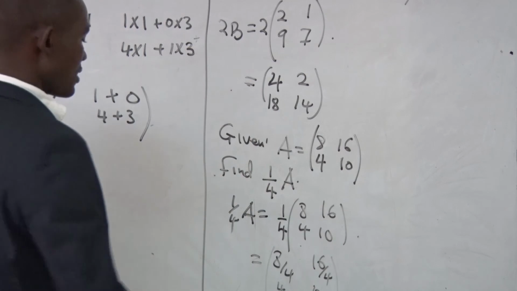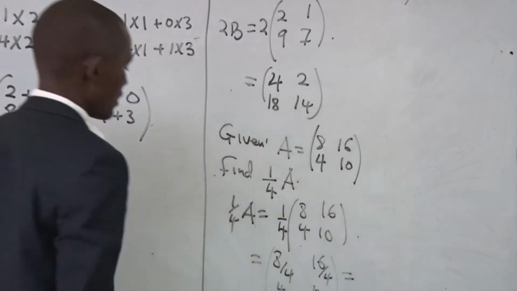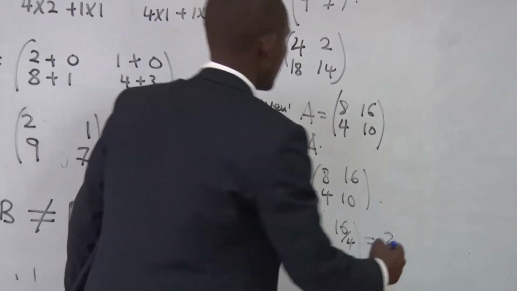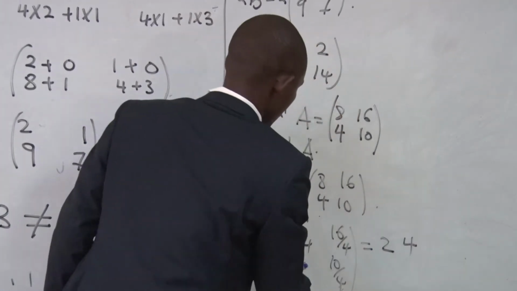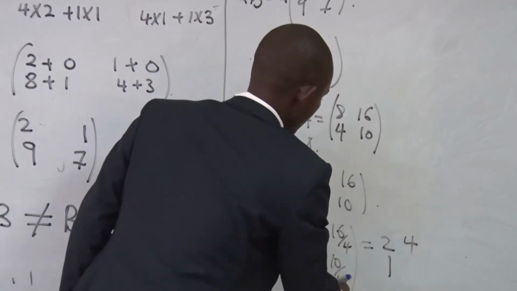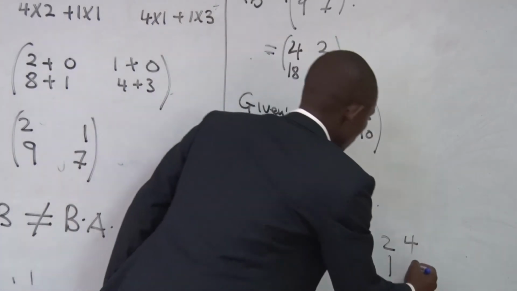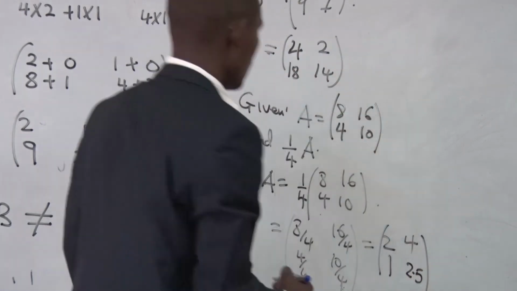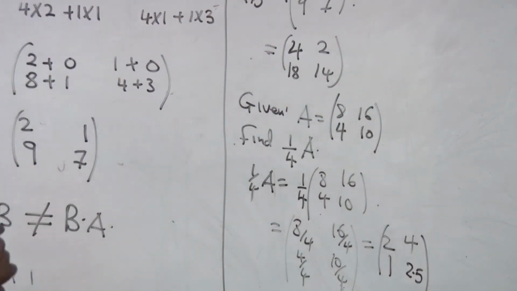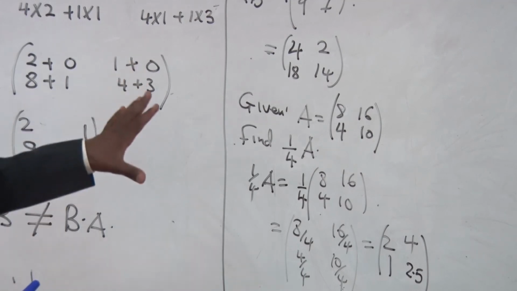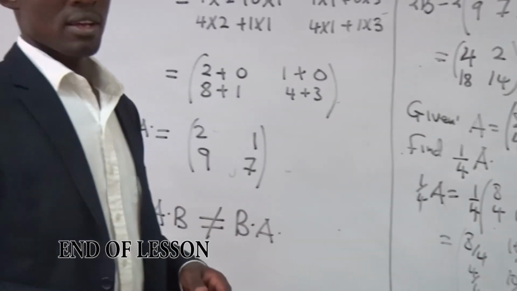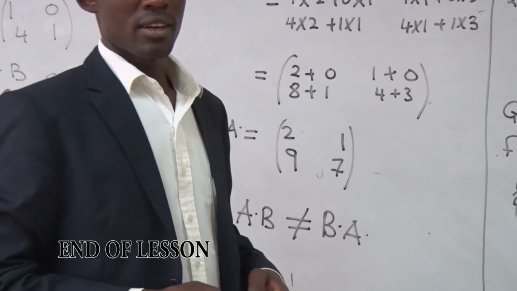Now you can simplify it: 8 over 4 is 2, the other one is 4, this is 1, and this is 5 over 2, or you can put it as 2.5, whichever. So that will be your answer to that particular question. Basically that is how you carry out multiplication of matrices, and that brings us to the end of this particular session.